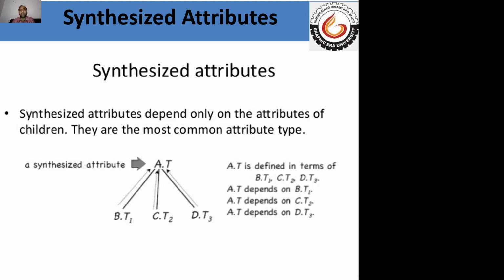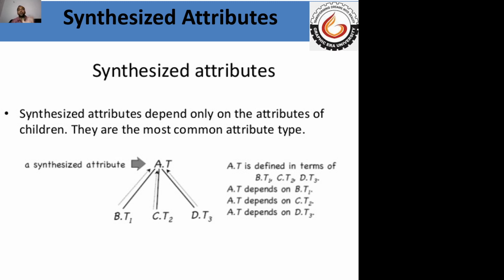Synthesized attributes depend only on the attributes of children. So here A is generating B, A is generating C, and A is generating D. So A.t is its attribute, B.t1, C.t2, D.t3. So what is the rule saying?